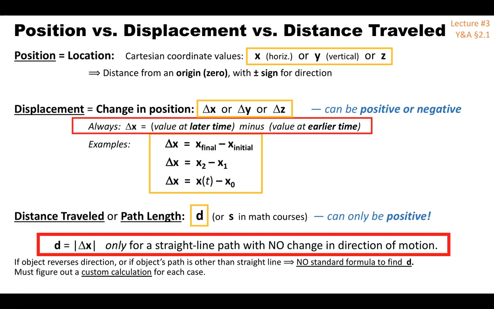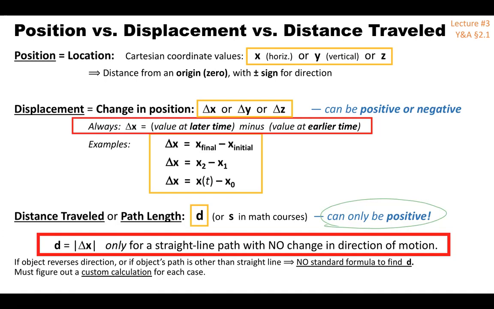It makes sense that the path length or distance that an object has traveled can only be positive, right? It's impossible for you to trace out a negative distance through space. You can be at a negative position when you're to the left of the origin.